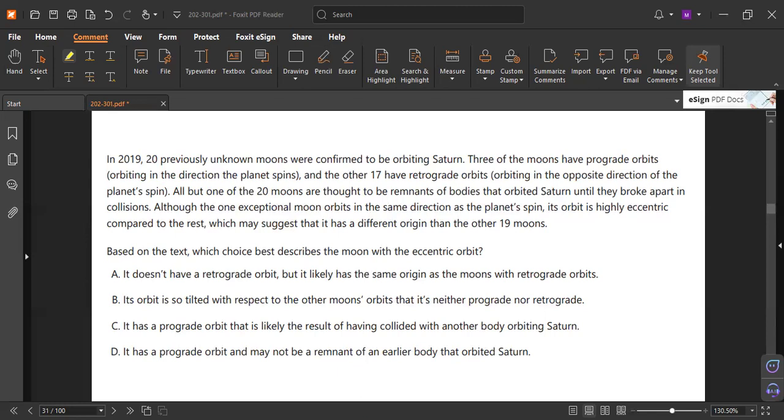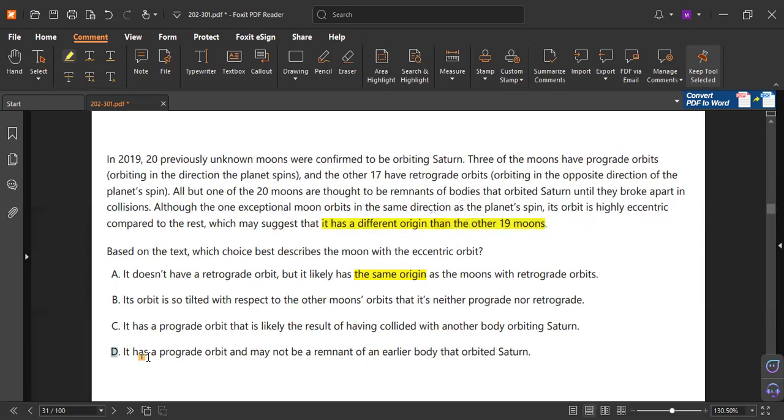But A, it's not supported, because there is nothing in the text to support that the moon with the eccentric orbit has the same origin as the moon's. What is that? Where is that the same origin? You mentioned here perhaps he has different origin. Look, this means it is not.